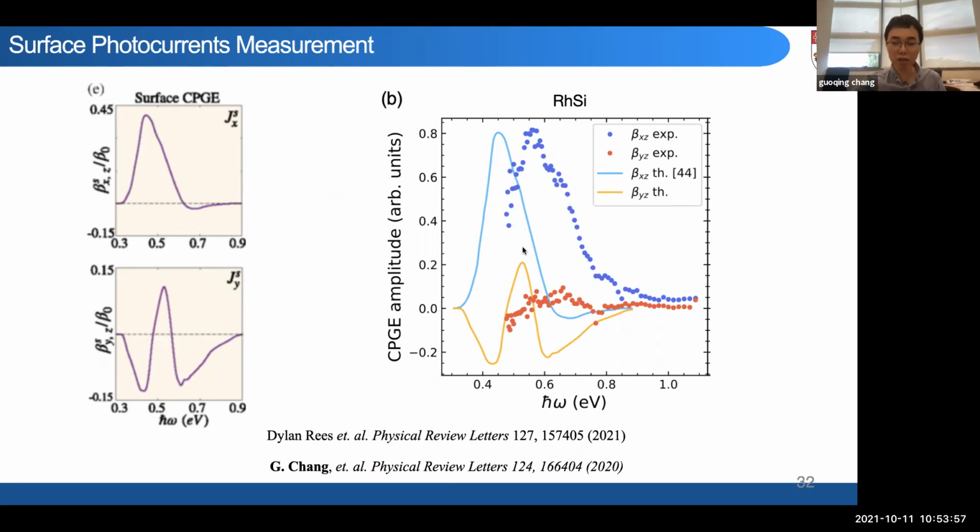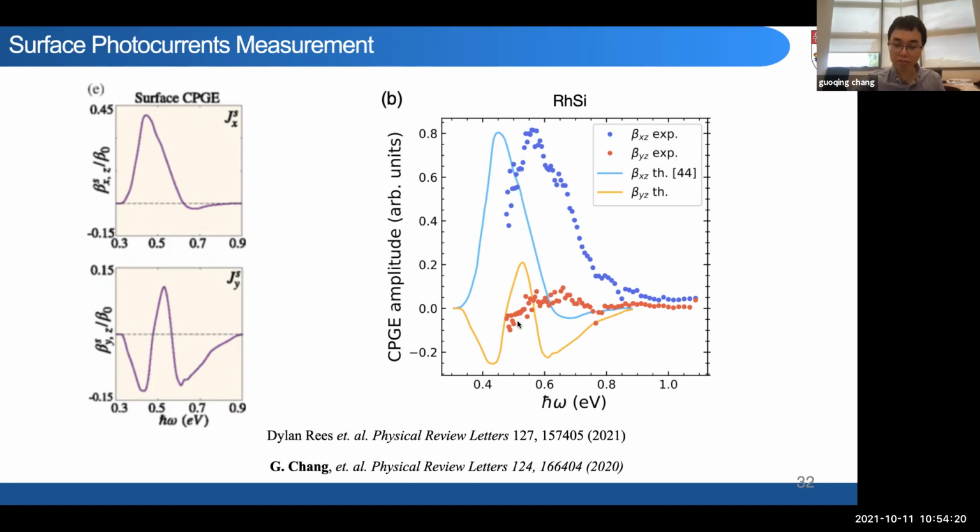Berkeley started the measurements, and these dots are their direct measurements. You can see this photocurrent has a shape almost consistent with my simulation, but the only difference is that the measurements seem shifted in the frequency of the laser.